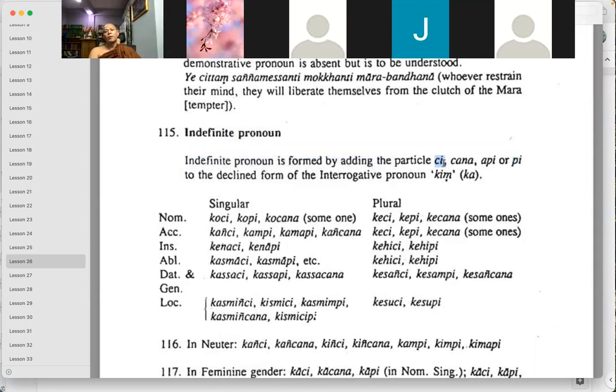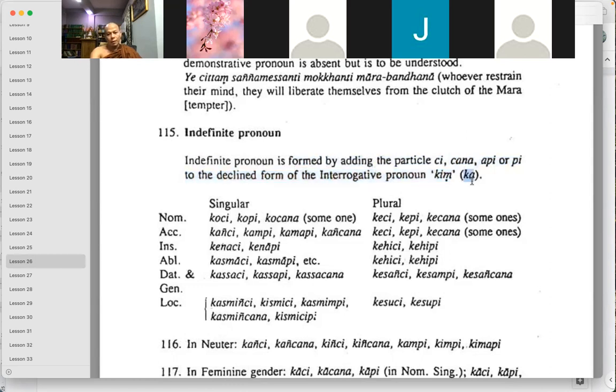Maybe you remember in the Abhidhamma, ye keci kusala dhamma, sabbe kusala mula, so ye keci kusala dhamma, whatever unwholesome states or whatever wholesome states, and so on. So ci is very common, but cana, api or pi are quite rare. They also decline like the interrogative pronoun ka.